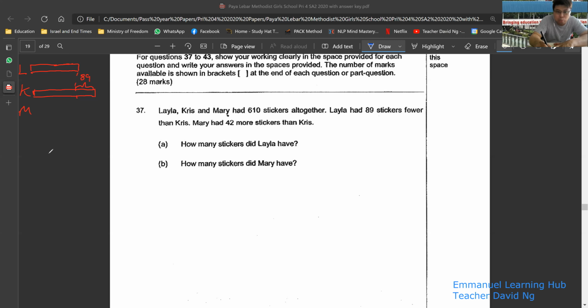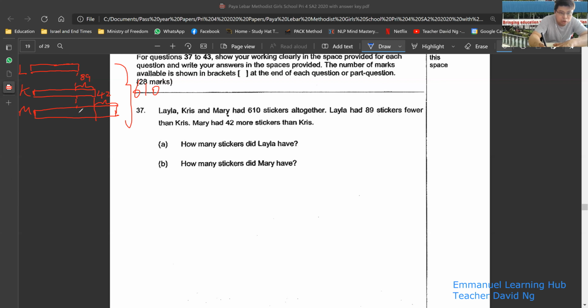And Mary had 42 more than Chris. Altogether, all three of them have how many? All three of them have 610 stickers.